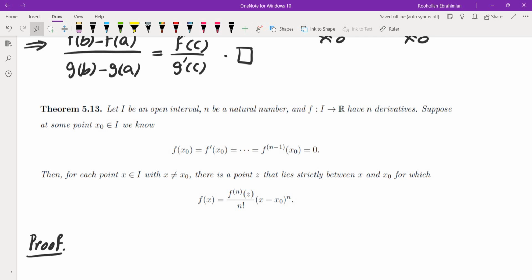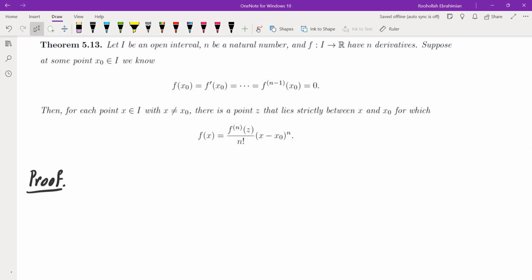But we will see a lot more of this theorem later when we talk about Taylor polynomials and the Lagrange remainder theorem. Let I be an open interval and n be a natural number, and f from I to R have n derivatives.